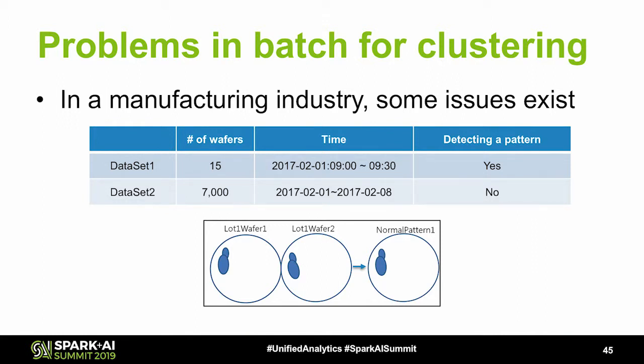Because we apply batch clustering, if two very similar wafers are assigned into different batches, then it fails to detect the clustering. These two wafer maps are very similar, as you can see, and this normal pattern is the cluster 1 we want to detect. However, it cannot detect when the wafer size is 15 because of the different batch ID.